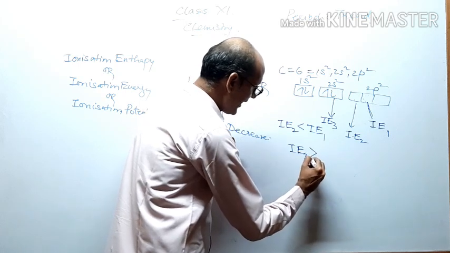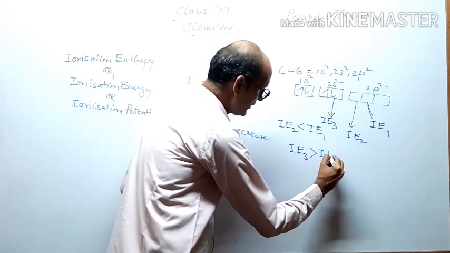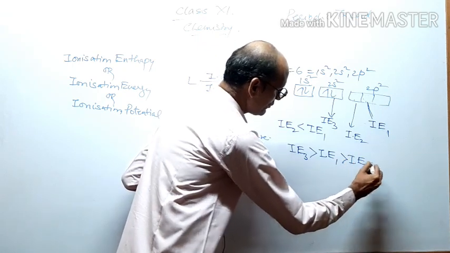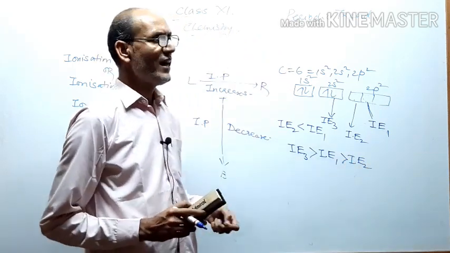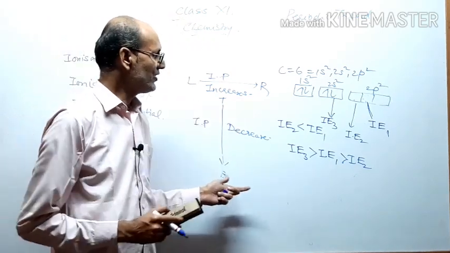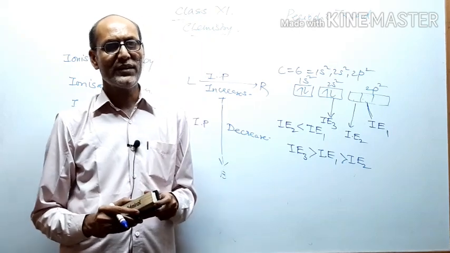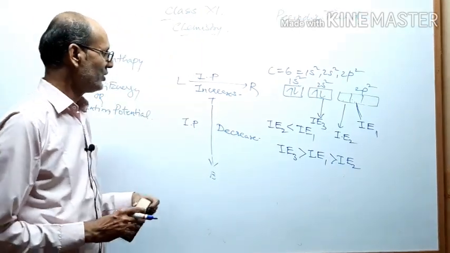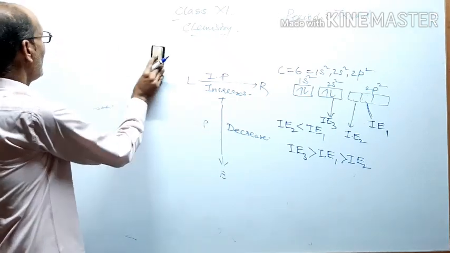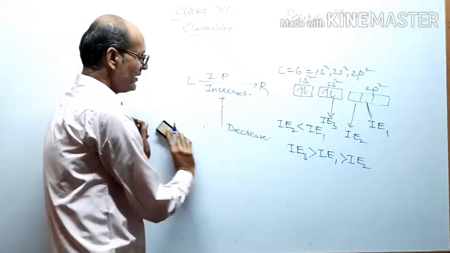IE3 is greater than IE1, which is greater than IE2. So any atom can have 1, 2, 3 or 4 ionization potentials, and they will be indicated IE1, IE2, IE3, IE4.